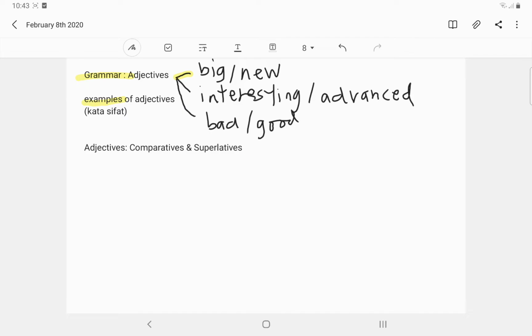Comparative and superlatives of adjectives. Ataupun kita akan masuk sikit pasal adverbs. Tapi tak apa, if you do not understand apa adjective, apa adverbs tu, you boleh just ignore it. It's okay. But we are going to look more in depth at the adjective.